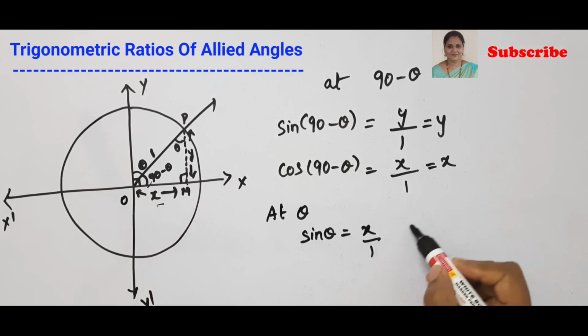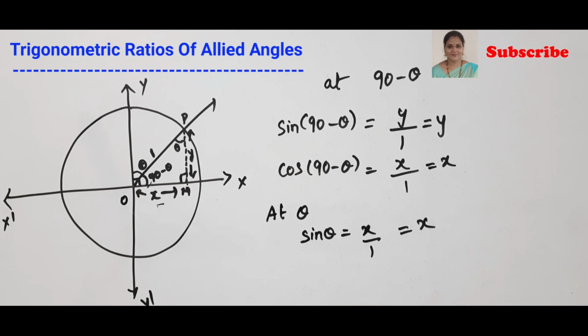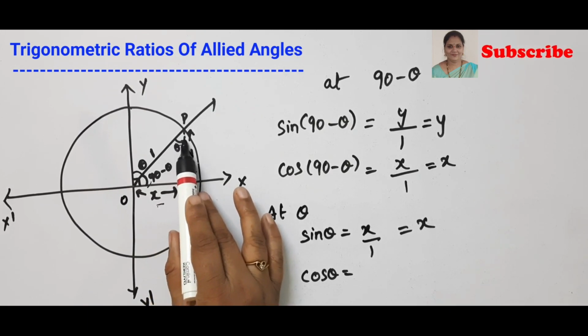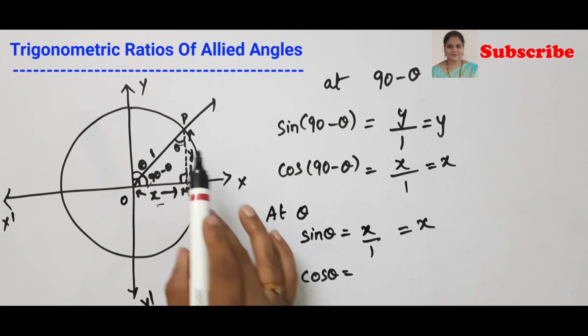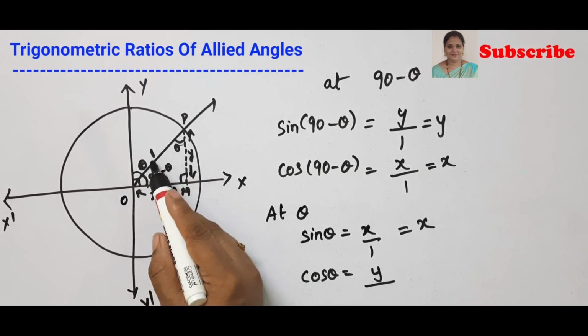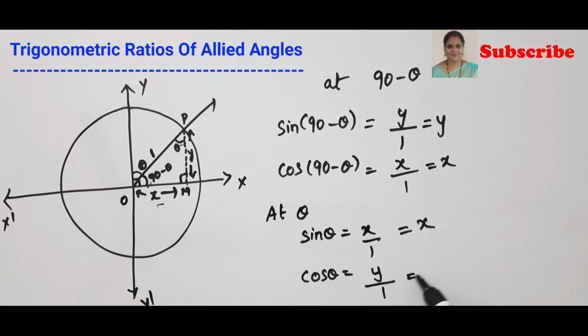This is equal to x. Cos theta is equal to adjacent side to this angle theta. Adjacent side to this angle theta is y. So y by hypotenuse. Hypotenuse is 1. So this is equal to y. We got sin theta is equal to x, cos theta is equal to y.